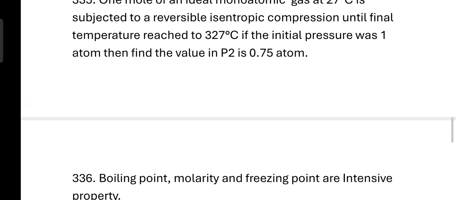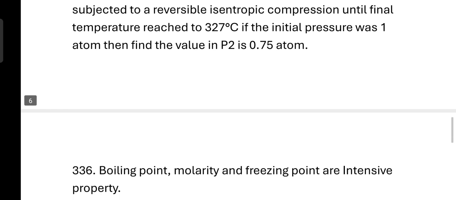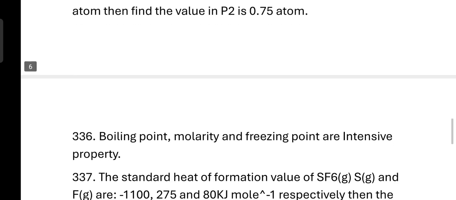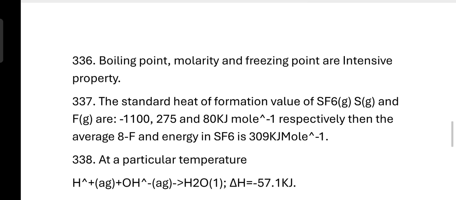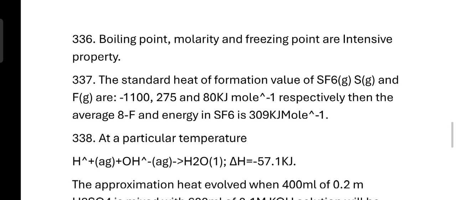If the initial pressure was 1 atm, then find the value of P2. It is 0.75 atm. Boiling point, molarity and freezing point are intensive properties.